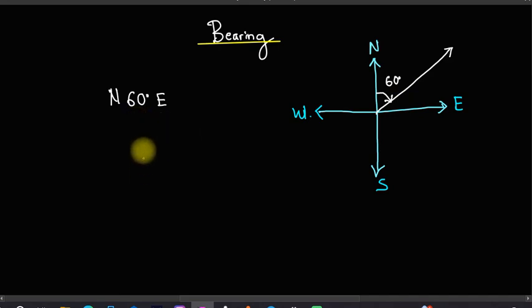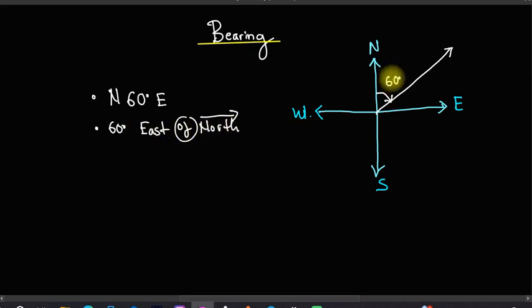Also, we can see something like 60 degrees east of north. It means the same thing. These two mean exactly the same thing. To interpret this, 60 degrees east of north means 60 degrees coming from the north.